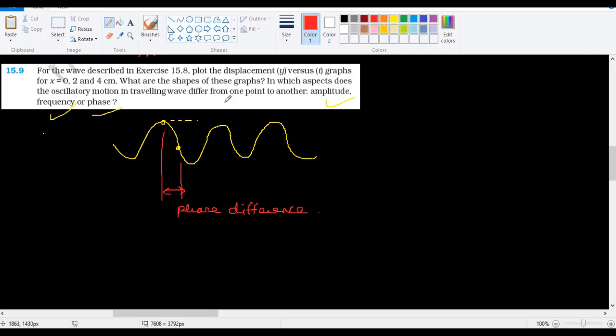What are the shapes of these graphs? I think you need to find different locations, so x is equal to 0, 1, 2, 3, 4. You need to plot at least 4 or 5 points, and then plot for different time instances, something like t is equal to 1, t is equal to 2.